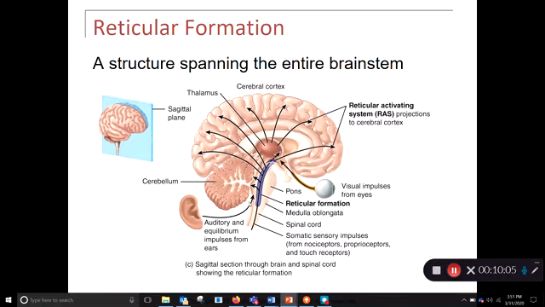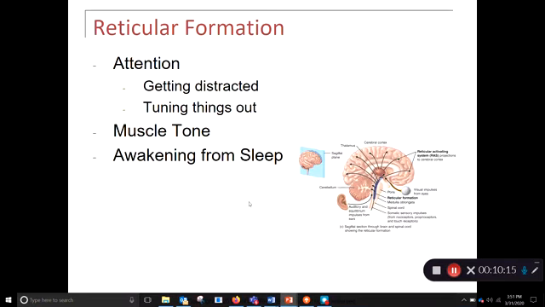This is very important if you like waking up and not being stuck in a coma-like state. It also has a role in helping you not be distracted, helping you tune out things, and keeping your muscle tone. If this gets damaged, you are not waking up again. You will be in a coma-like state because there is nothing to wake you up.